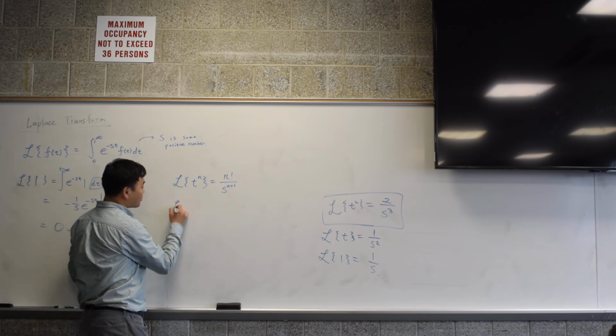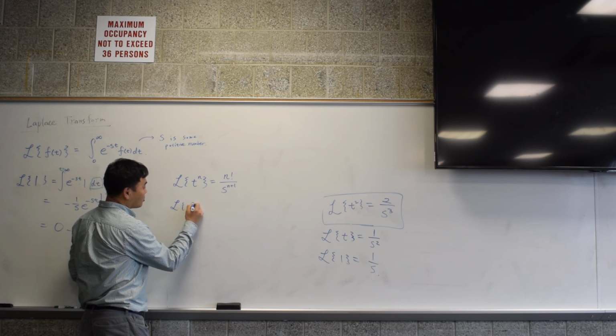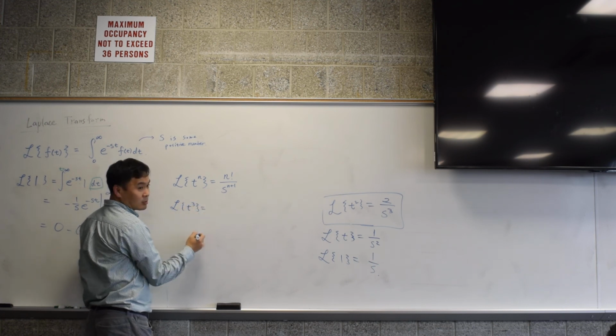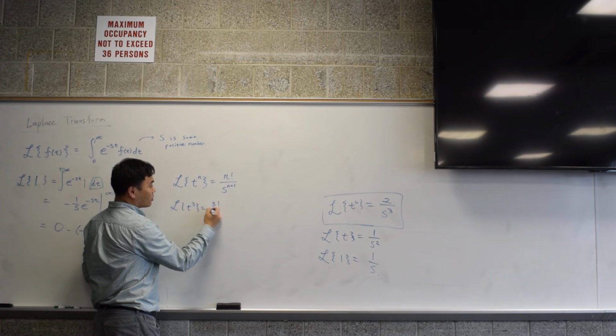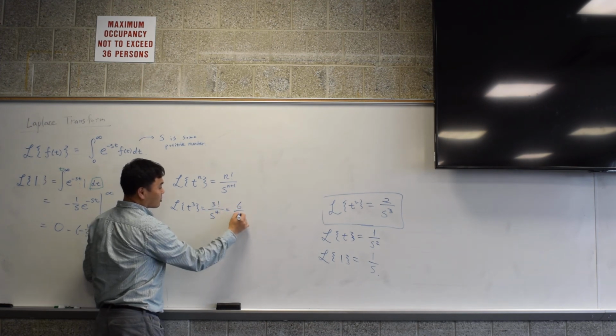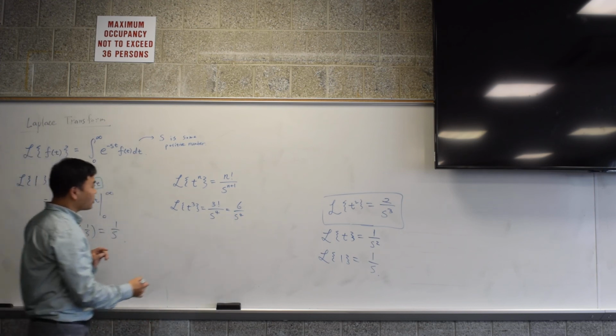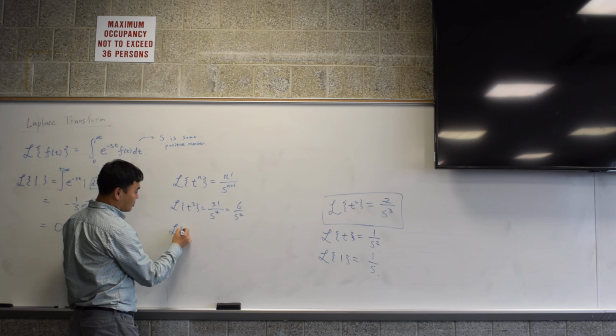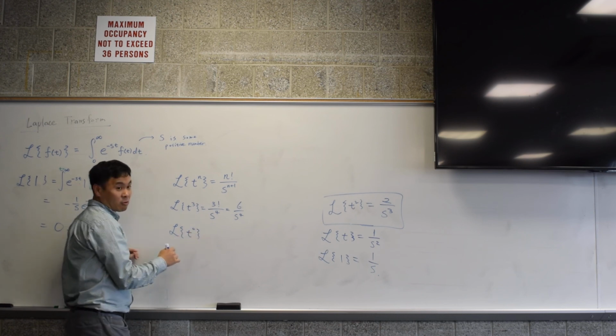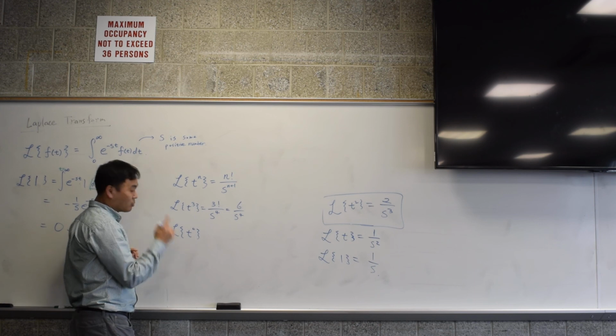Now what would this mean for, say, t to the third? 3 factorial over s to the fourth, right? 6 over s to the fourth, just like that. Now, one thing that might puzzle you is when n is 0. What is t to the 0th power? 1, right?